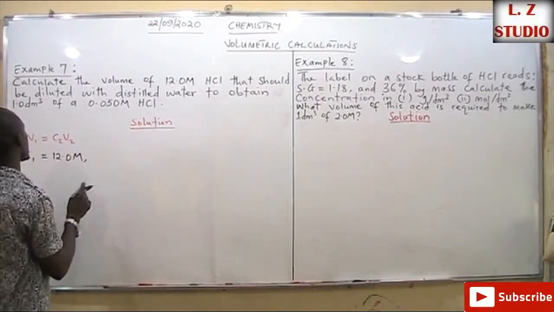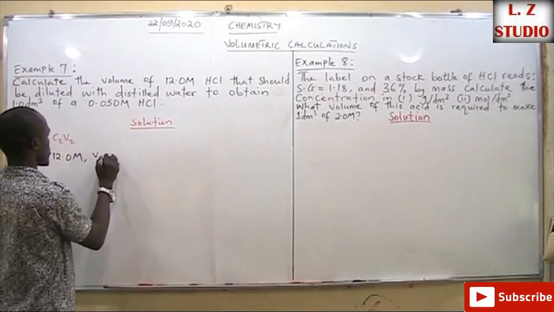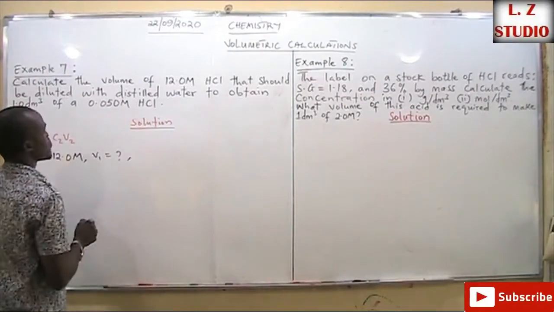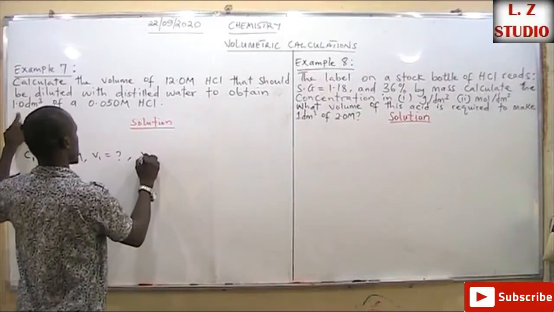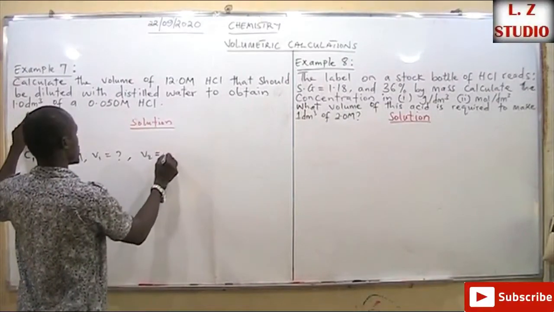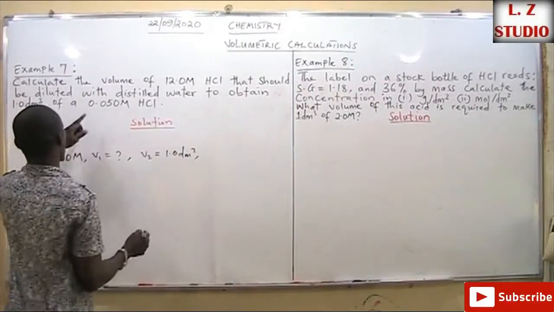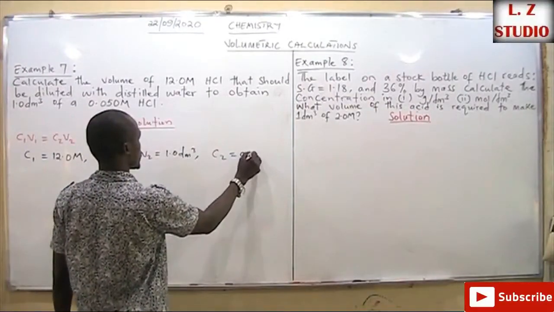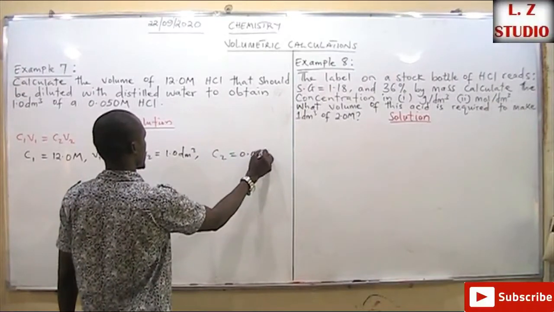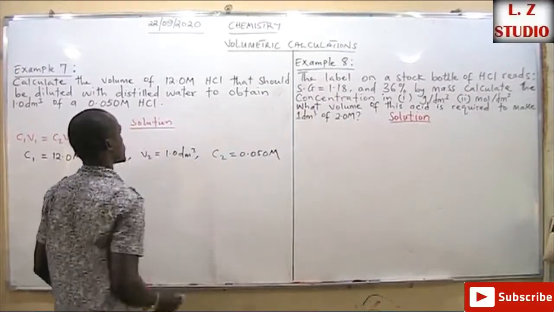Then V1 is what we are calculating; we don't know it. Then V2 is given, which is 1.0 dm cube. Then we have our C2, which is given as 0.050 molar of our hydrochloric acid.